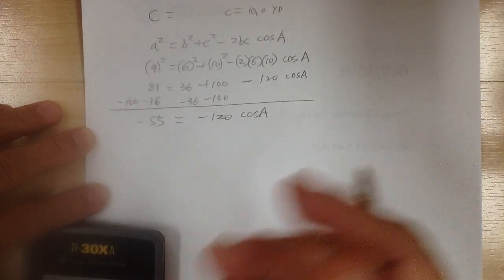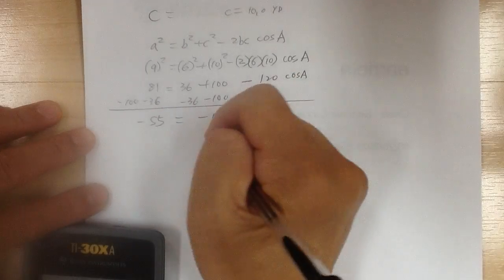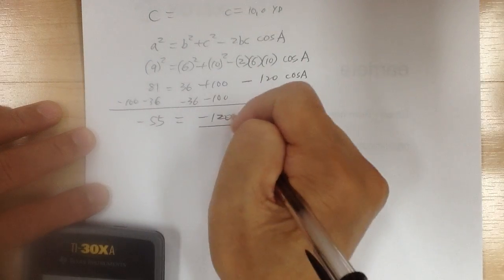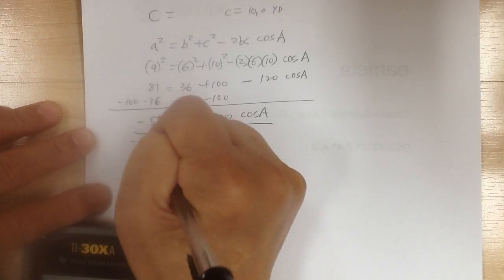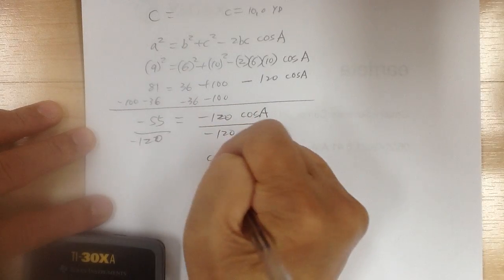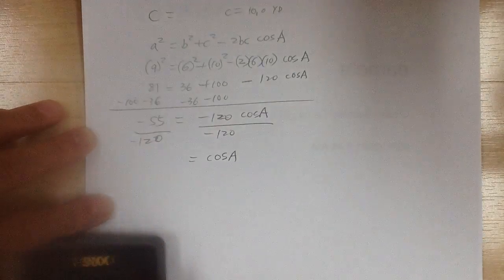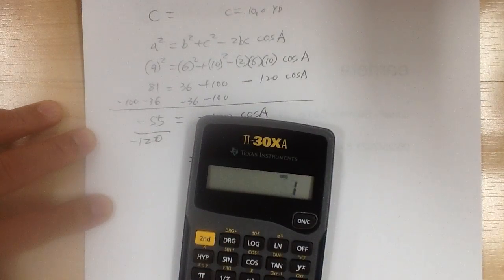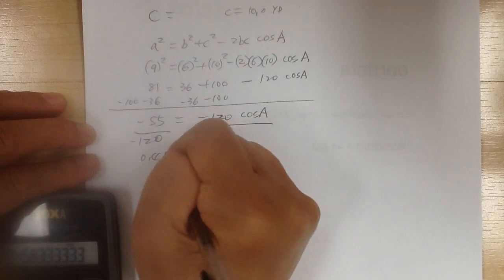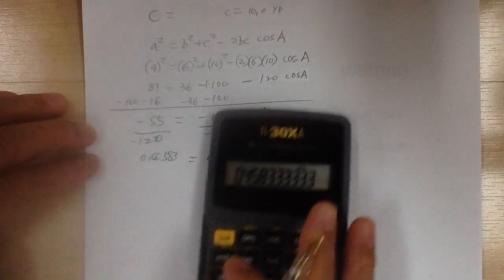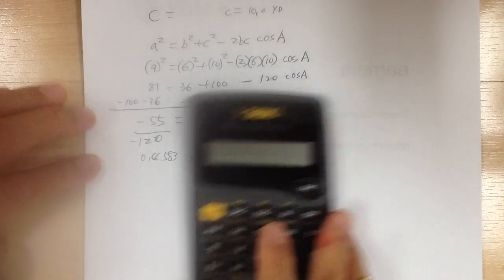When you're undoing something, when you're solving something, you have to do the opposite. So divide by negative 120, divide by negative 120. So cosine of A equals 0.4583333, and then you go second cosine of that.